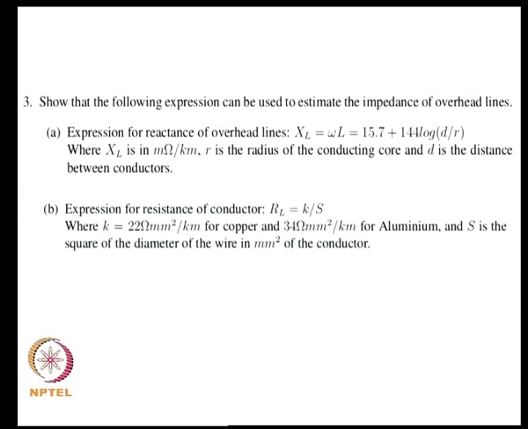So, once you have the x and r values of the line, you could then plot the x by r ratio of the line. You can get an expression for your x by r ratio as some function of the occupied area and, say, the distance between the conductors, and check what its typical value would be.